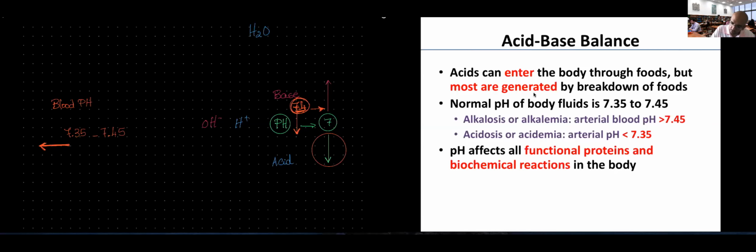If you add a base, it's going to be pulling the blood pH up. But if you have acids, it will reduce the blood pH, and it's going to drop it below 7.35. So if I have a blood pH of 7.35 or less, this means I have extra acids in my blood. So we call this acidemia, acids in the blood.